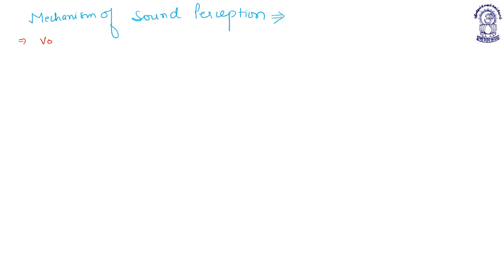Von Békésy won the Nobel Prize for his work on the ear.